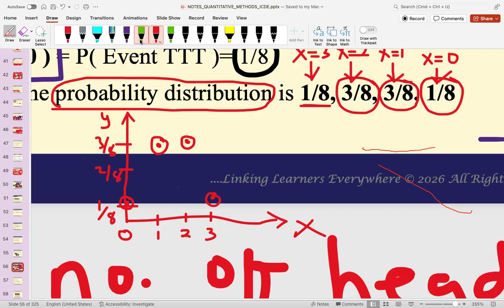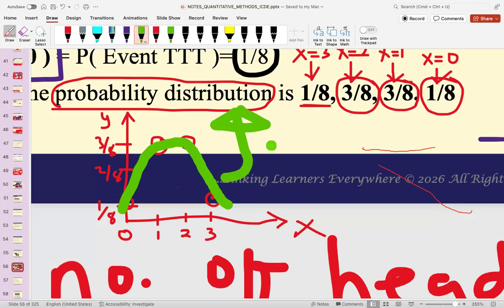If you try joining these points, you have a shape like this. We call this shape you have drawn the probability distribution. These are the chances that you are likely to have when you throw 3 coins up.